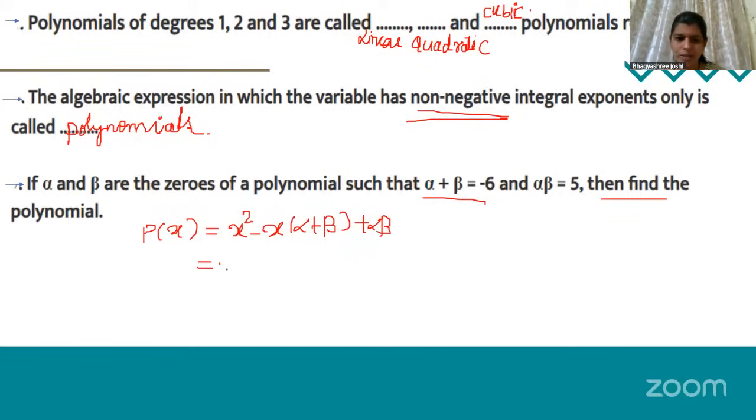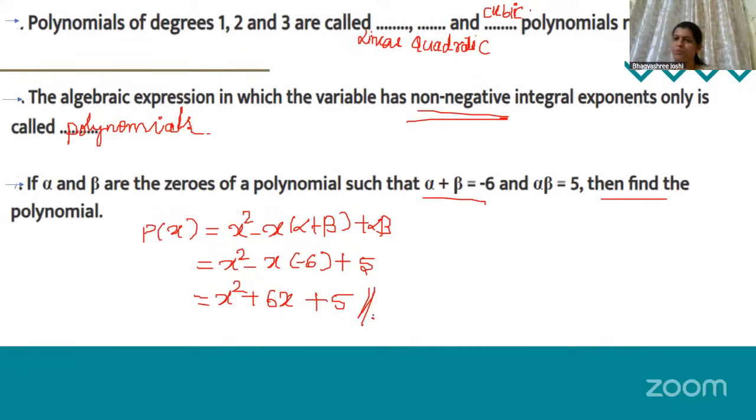So what is the value of alpha plus beta? x into alpha plus beta value is minus 6, plus alpha into beta value is 5. x square minus into minus is plus, 6x plus 5. This is our required polynomial, right? So this is the quadratic polynomial, and this question can be asked for 1 mark. These all are 1 mark questions.